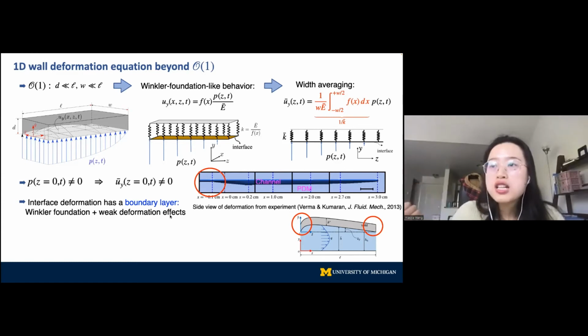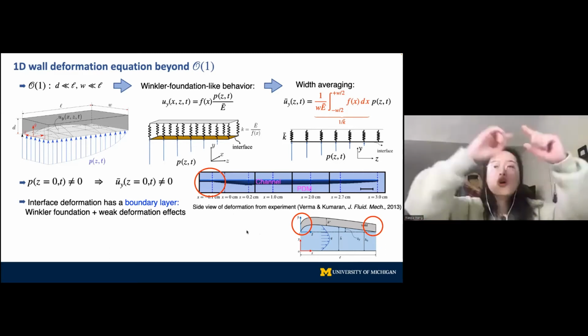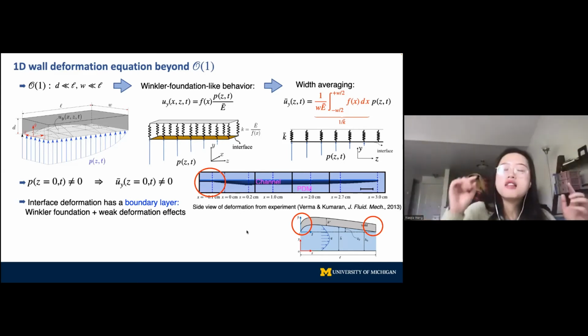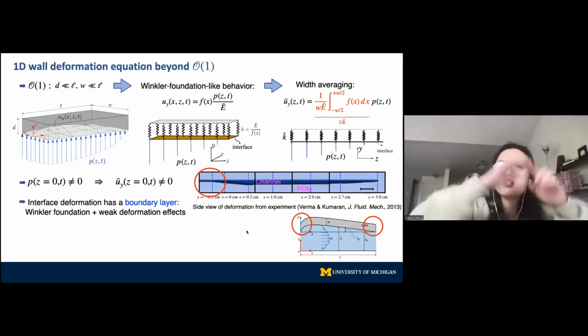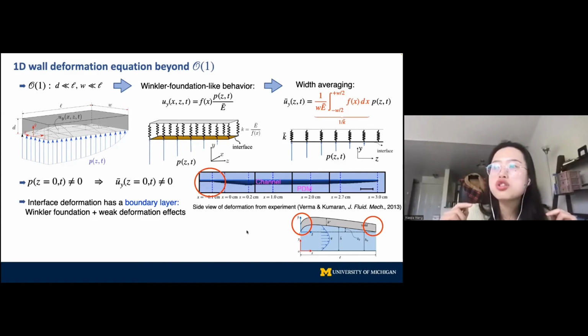With those weak deformation effects, we can introduce some inner solutions near the channel inlet and outlet to help the system satisfy the boundary conditions. Since the bulging of the interface naturally introduces axial stretch along the z direction, weak tension is a common choice.